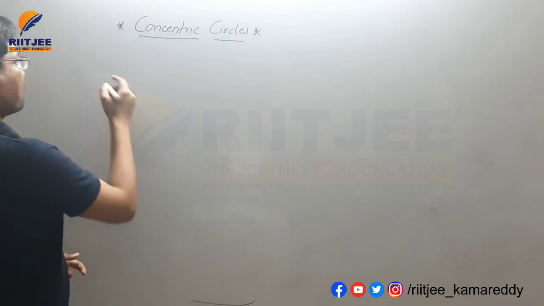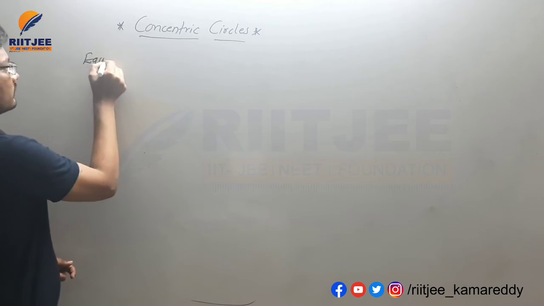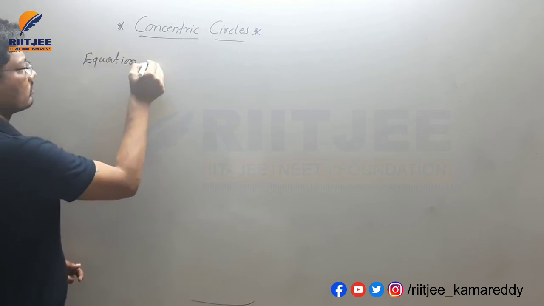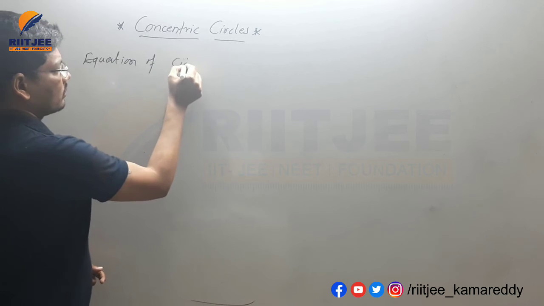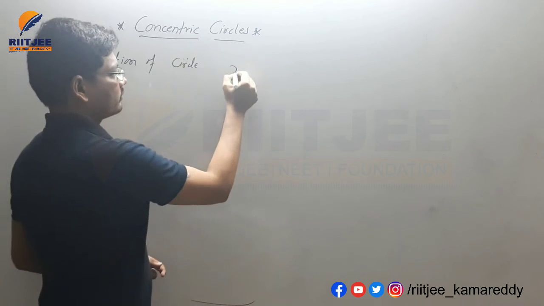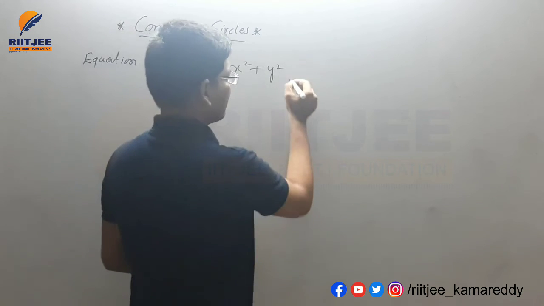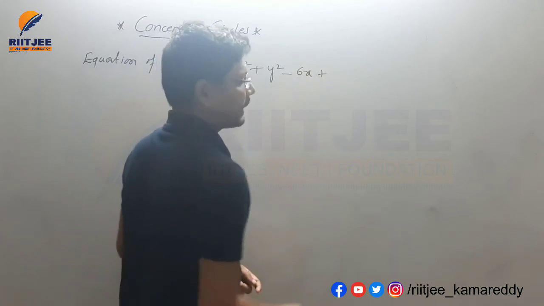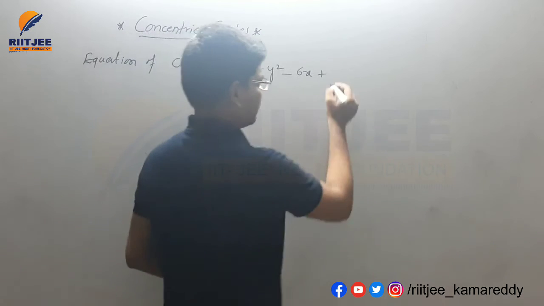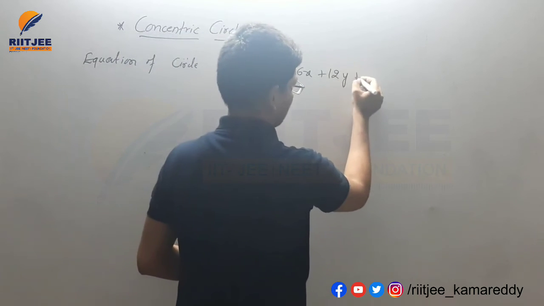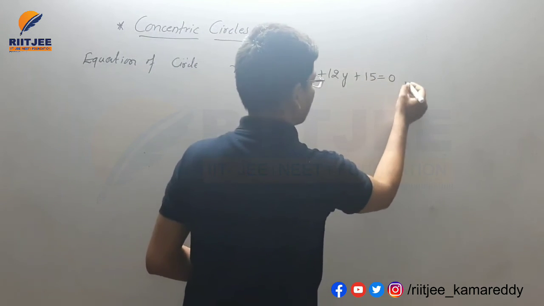I am taking one example, the equation of a circle: x square plus y square minus 6x plus 12y plus 15 is equal to 0.